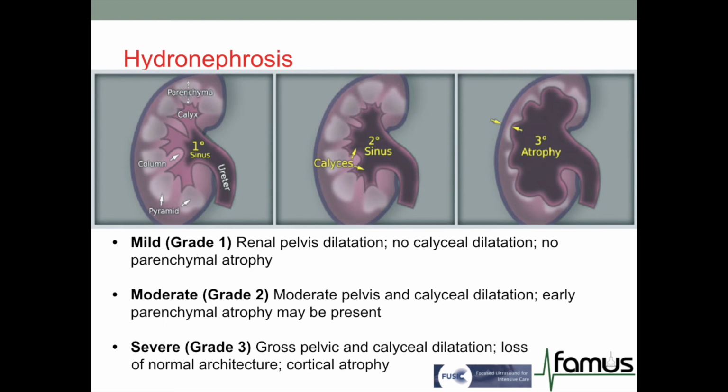In the second degree, we will have a dilatation of the pelvis and the calyx, so that the appearance is of a communicating calyx with pelvis. And the third degree is when the dilatation is so pronounced that the cortex is compressed and thin.